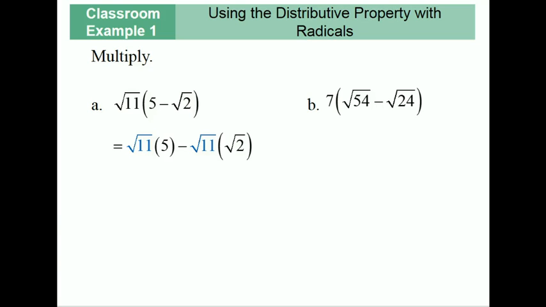But in the distribution to the right, we've got square root of 11 times square root of 2. That's going to involve the product rule. Remember, the product rule when we multiply two radicals is that we multiply what is underneath the radical, which is the radicand. So let's go ahead and look at the next step. So we get 5 square roots of 11 minus square root of 22.